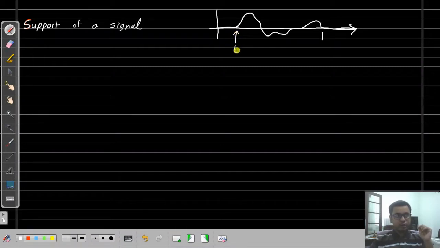Call it t1 and call it t2, x(t) as a function of time. Now the support of this signal means the time interval where this signal is non-zero, which is from t1 to t2.